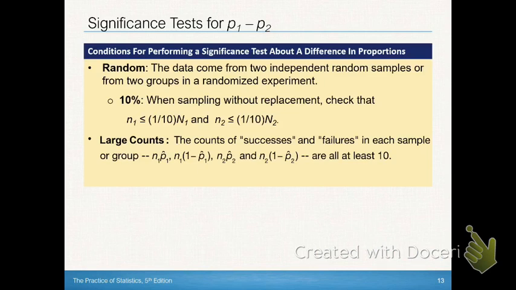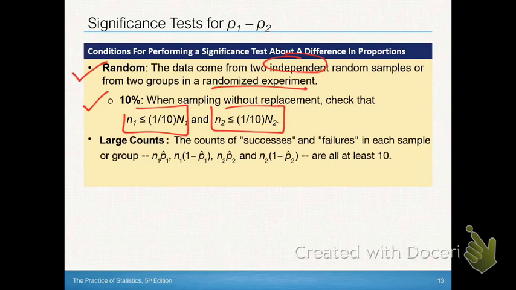So these were our conditions when we were checking to do a confidence interval for difference of proportions. And most of this is going to stay the same. We are still going to check that we've got independent random samples or that we've got randomized experiments, so we're randomly assigning them. We're still going to check the 10% condition twice, once for each population.